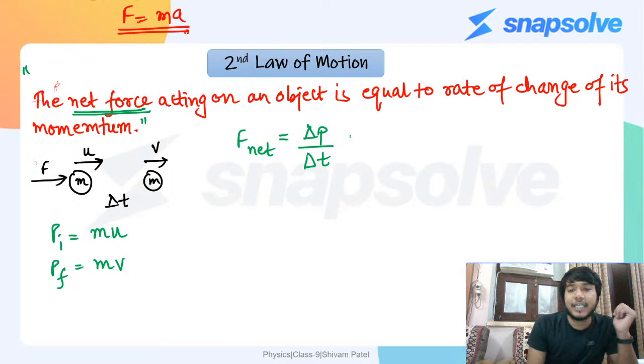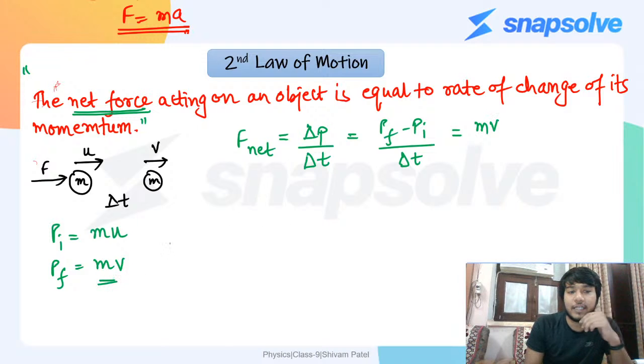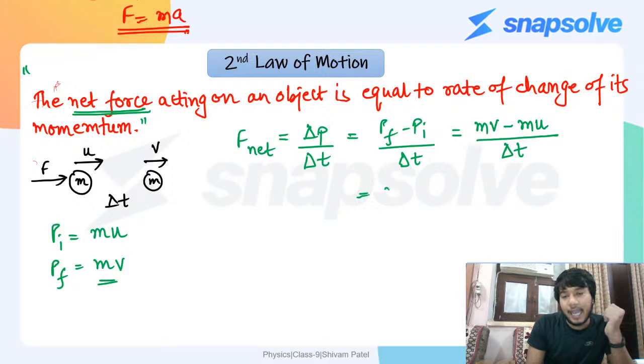Right? So see, the change in momentum on the top, you can write it as final momentum minus initial momentum divided by delta t, right? In case of final momentum, we can write mass into final velocity, and in place of initial momentum, you can write mass into initial velocity u divided by delta t. Now see, if I take m common from this, this will become v minus u divided by delta t.